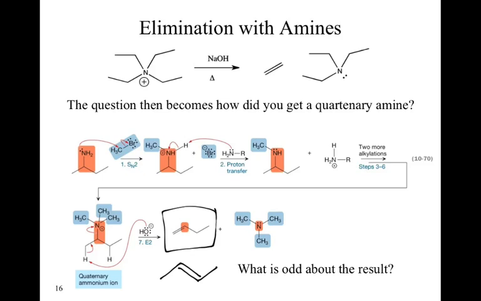You should think back to your elimination reactions that you learned about in first semester, and you should be thinking, what is odd about this result with our amines, that we are generating the product shown in the book, as opposed to the other product. That is something you need to address and kind of ponder. We'll talk about it in more detail when we get into lecture.